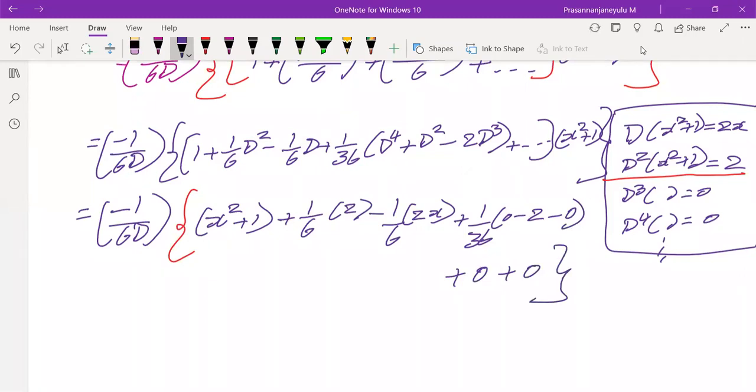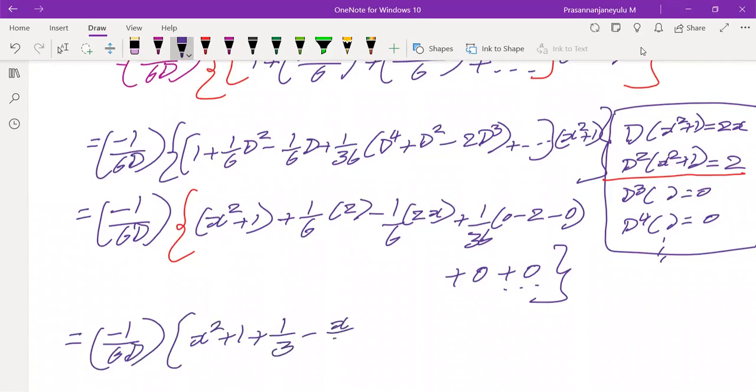No need to write, but still you can mention if you want, and so on. So finally what we are going to get, minus 1 by 6D of x square plus 1 plus 2 by 6 is 1 by 3, minus x by 3, minus 1 by 18. This is the thing. Now all the remaining terms will be zeros.